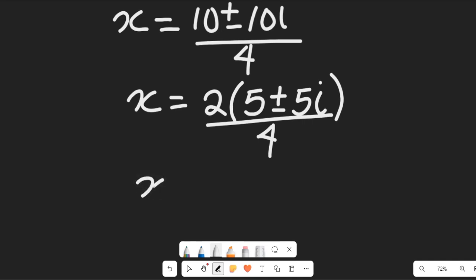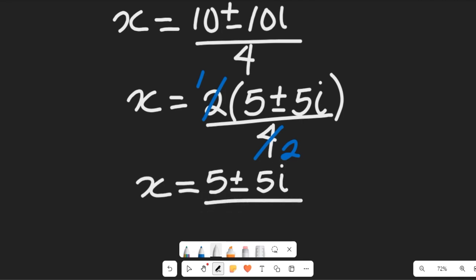On this side, 2 will cancel out 4 to give us 2, and then we'll have 5 plus or minus 5j, all divided by 2.